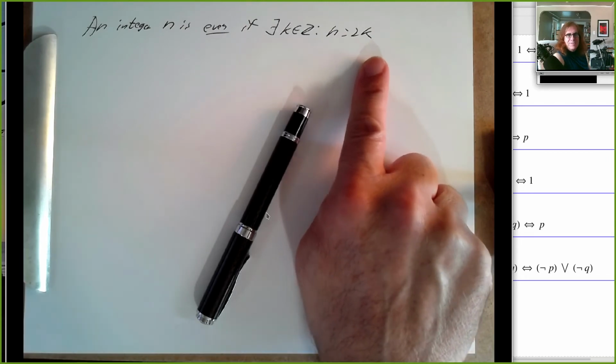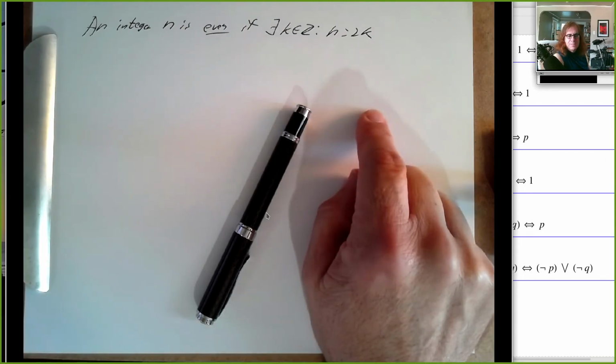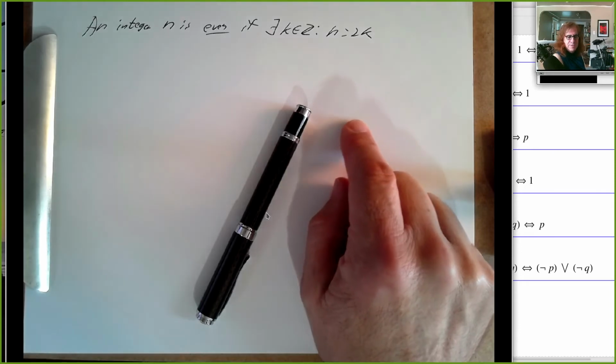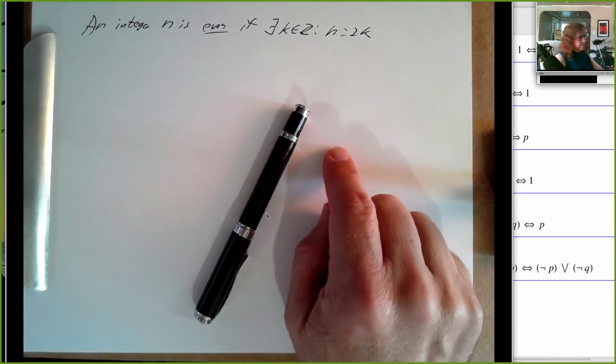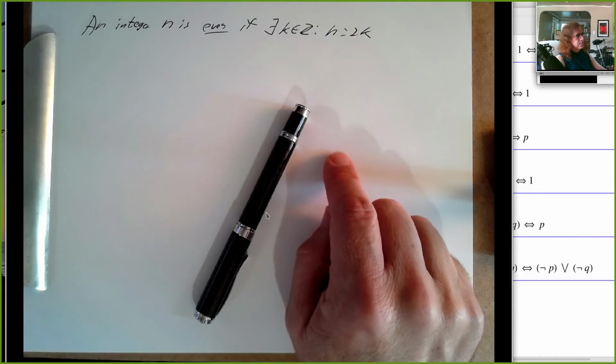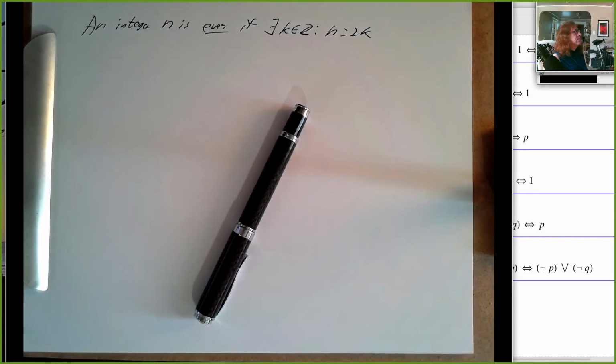And negative 25 is an integer. So is 0 an even number? Yes, it is. 0 is an even integer. Because we can write 0 as 2 times 0. And 0 is certainly an integer.